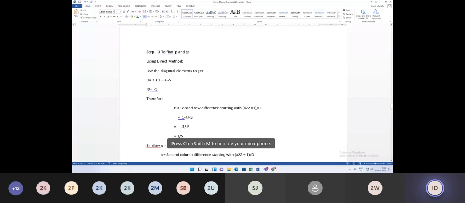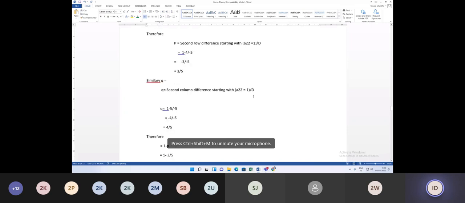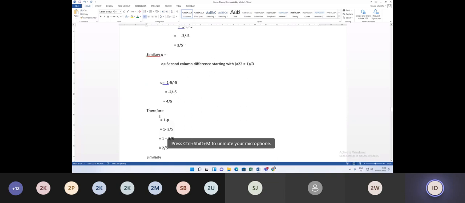After calculating the D, we calculated the P again by using this formula. The second row difference starting with A22 is equal to 1 divided by D, right? Okay. Similarly, Q is calculated. And once P and Q are calculated, simply we have to subtract from 1. Here we subtracted whatever P is calculated, we get 2.5.